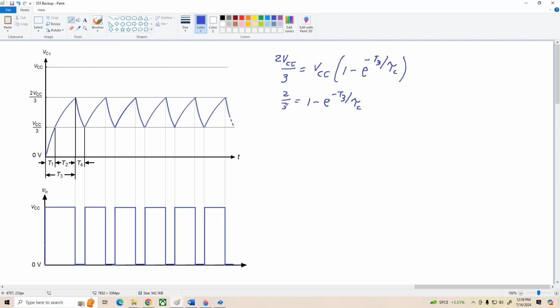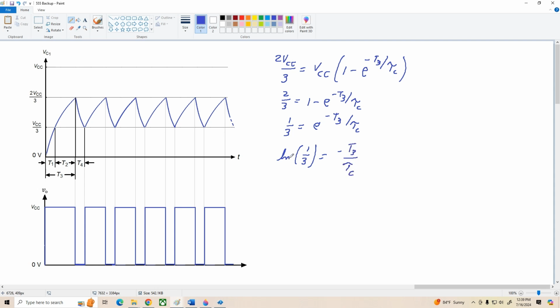So 2/3 minus 1 is negative 1/3. And we'll just get rid of the negative signs by calling it positive 1/3. So we get 1/3 equals e to the negative T3 over the charging time constant. All right, now we want to get rid of the exponent, so we'll take the natural log of both sides. So we've got natural log of 1/3 equals negative T3 over tau sub c.